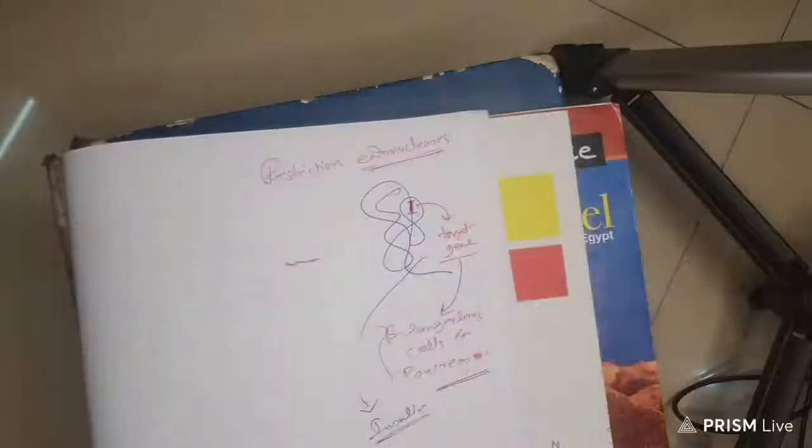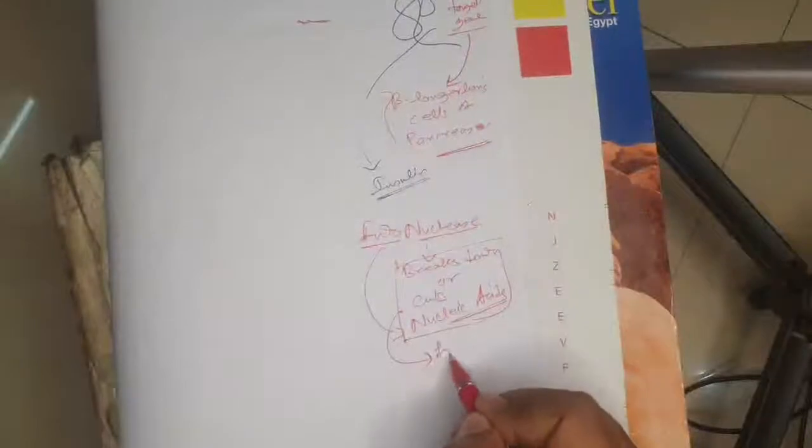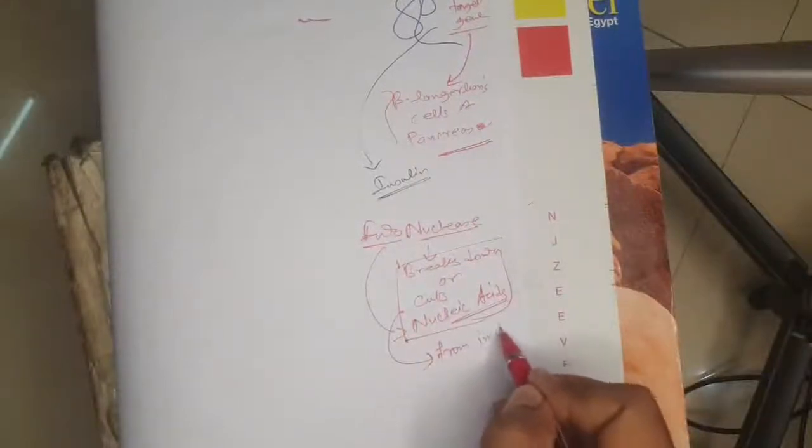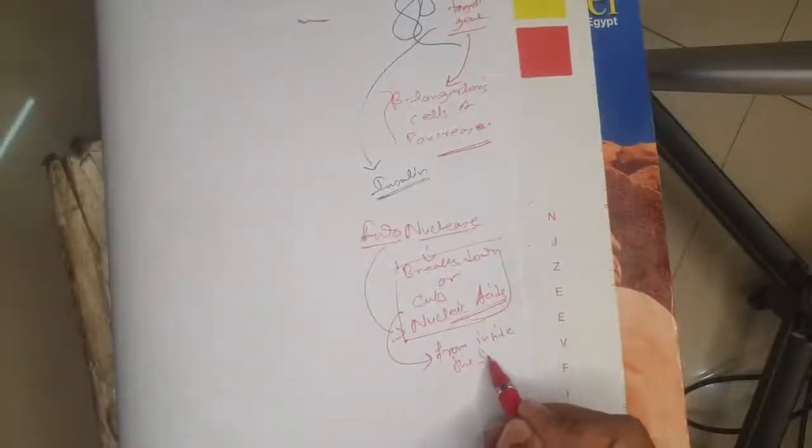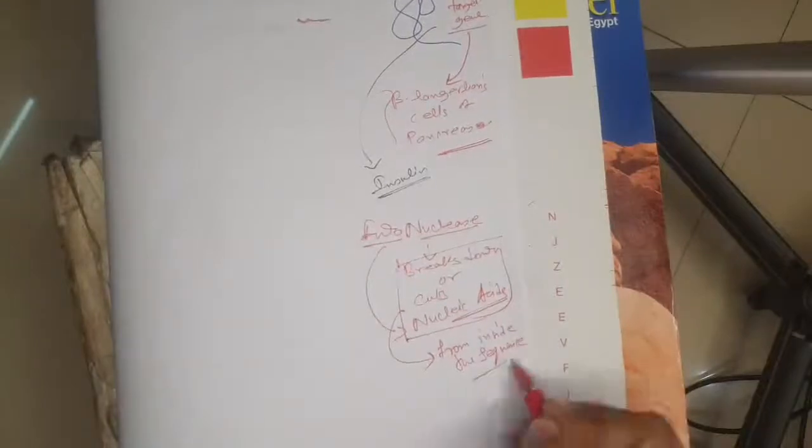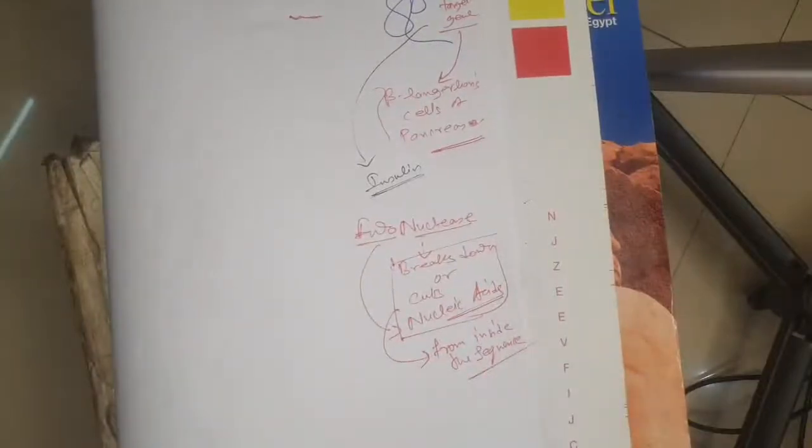Enzymes that break down or cut nucleic acids are called nucleases, and the term endonuclease means it cuts the nucleic acid from inside the sequence. So that is known as an endonuclease.